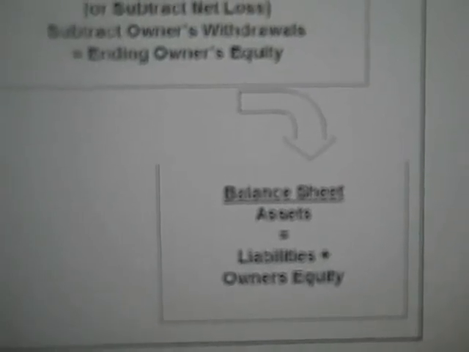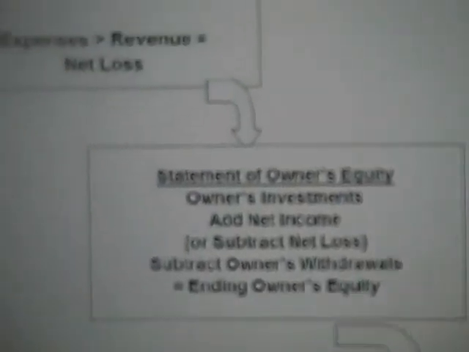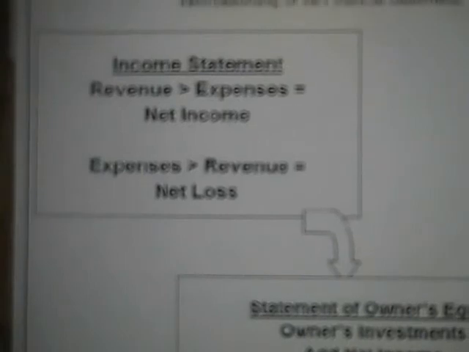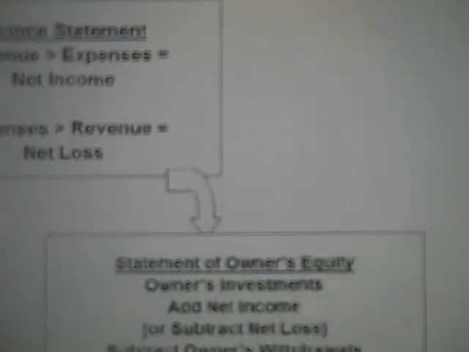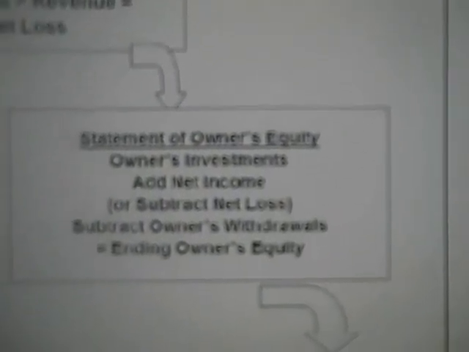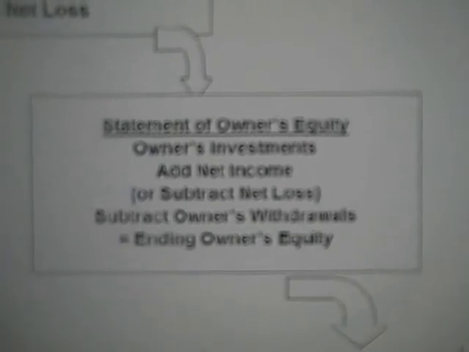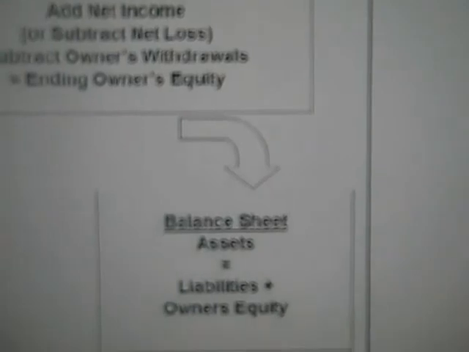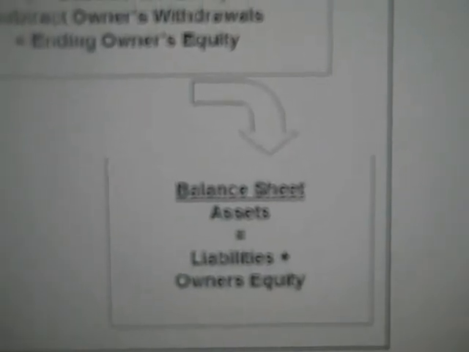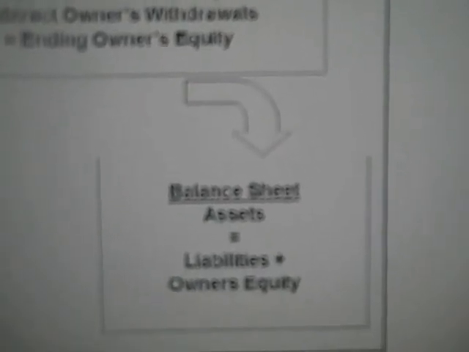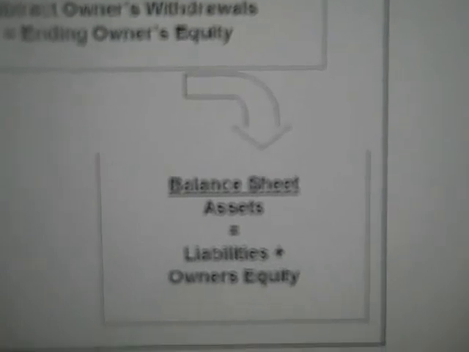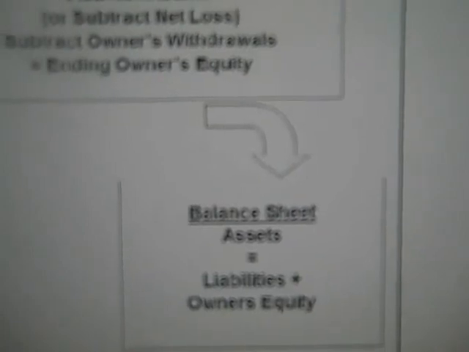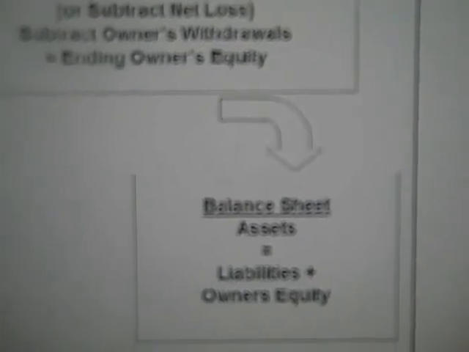So in each of our cases, you're going to see that you have your revenue and expense accounts appear on your income statement. And then if you have a net income or net loss, that figure moves down to your statement of owner's equity. You determine your ending owner's equity amount, and that figure then moves down to your balance sheet where you're going to have your assets showing along with your liability accounts and your ending owner's equity amount. So I hope this has helped explain our visuals for Chapter 2.